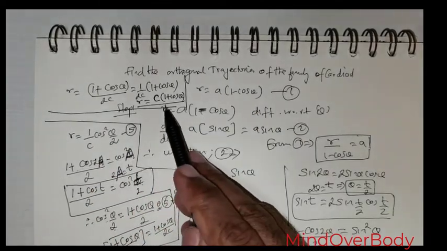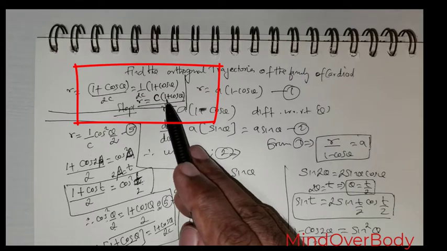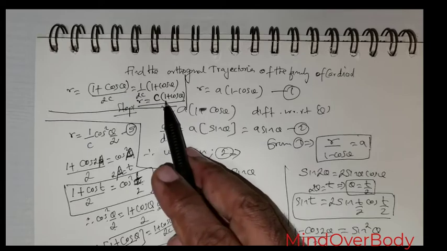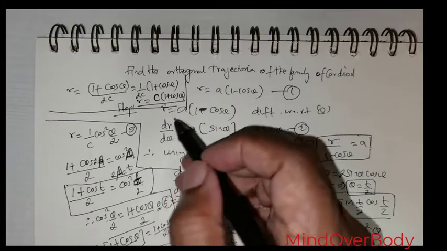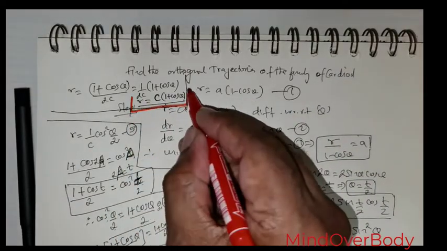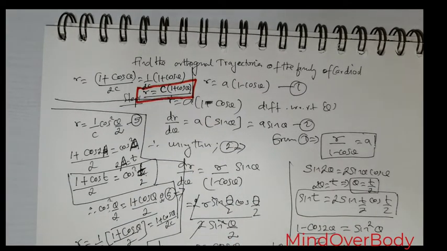So this is the final solution that we are looking for. These are the families that are the orthogonal trajectories for the family of cardioids. So this is the final solution, and we can box this. I hope you understood this.